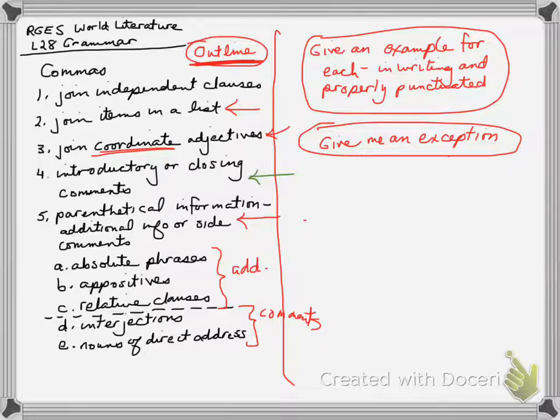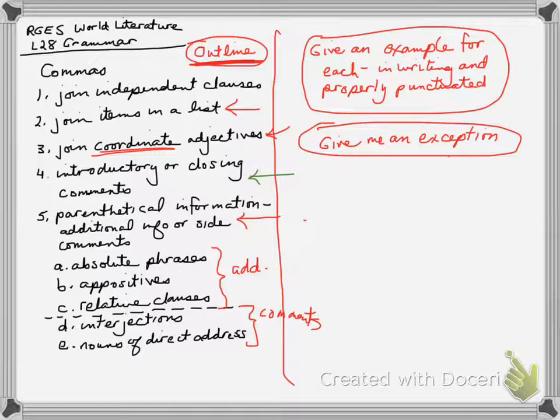Now, the only thing that you want to know here, like I might say, write me a sentence that uses commas with an absolute phrase in the middle of the sentence. So I could talk about location. We have the beginning.